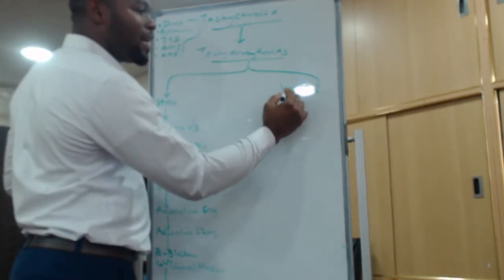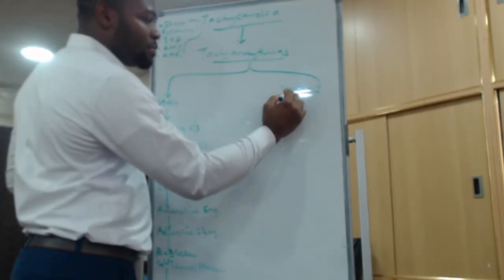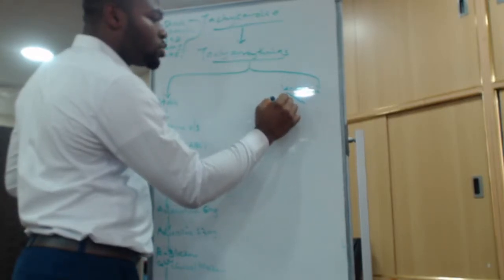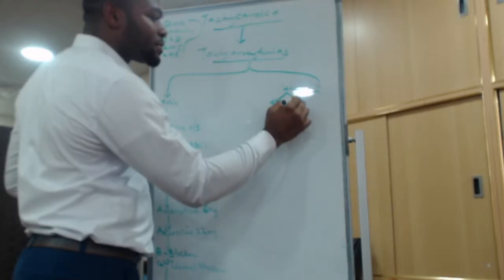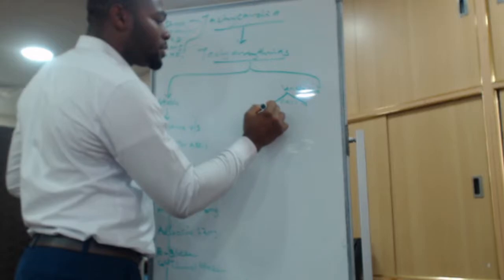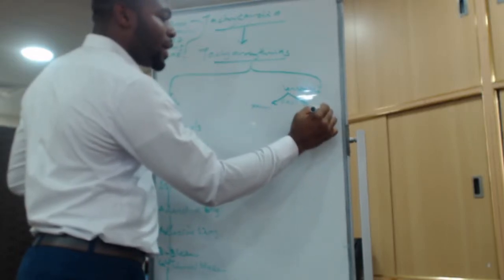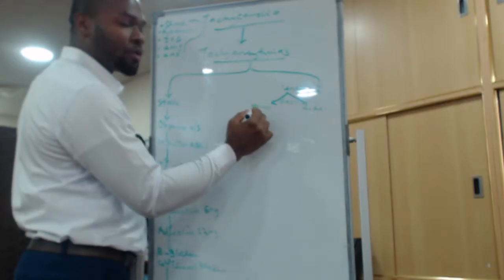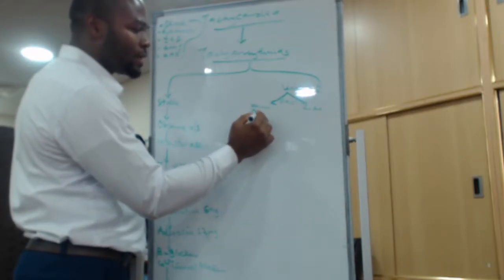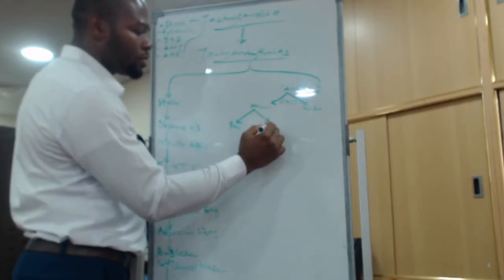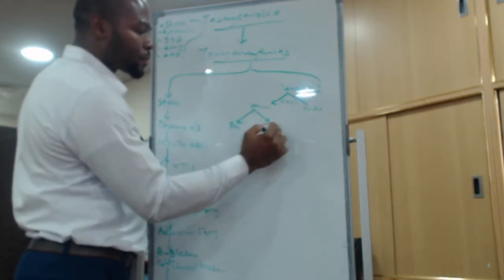You want to consider. Before that, there are 2 things you need to find out. How is the QRS complex? Narrow or wide? So we have narrow and we have wide. For this narrow, you can have it whether regular or irregular.